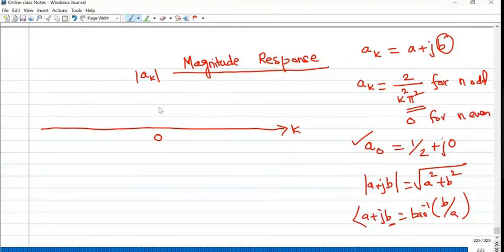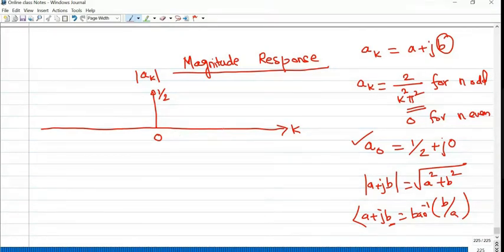At k equal to 0, the magnitude is 1 by 2. You have to draw the magnitude response in the discrete way only. The signal is a continuous time signal, but we have to draw the magnitude and phase response in discrete form.